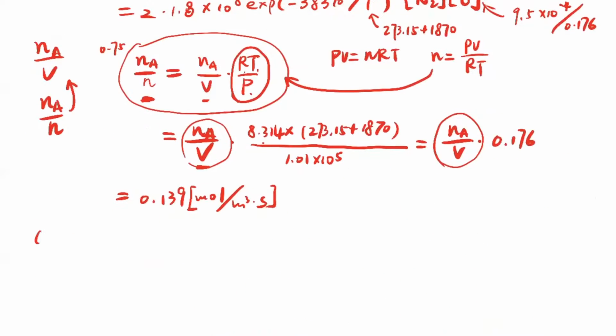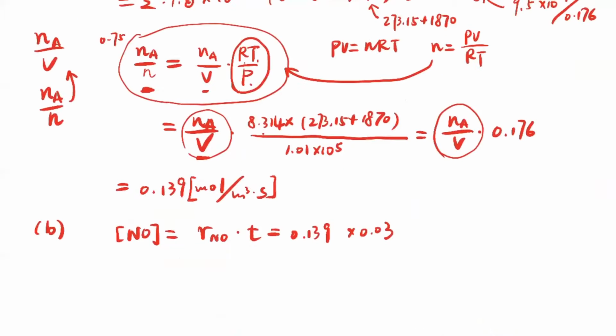The way we do that is just NO is equal to the rate of NO multiplied by time, 0.03, and then you have 4.17 multiplied by 10 to the negative 3 mole per meter cube.